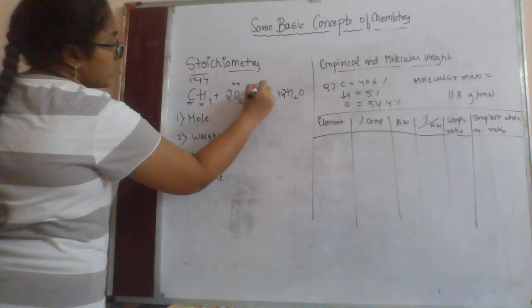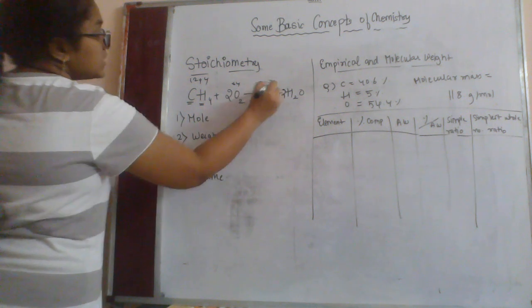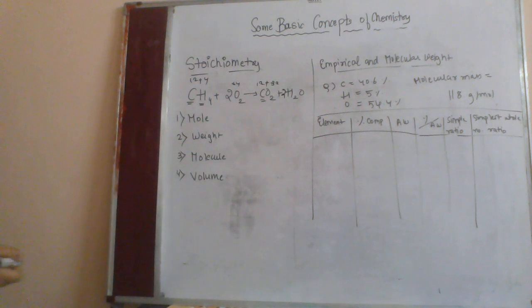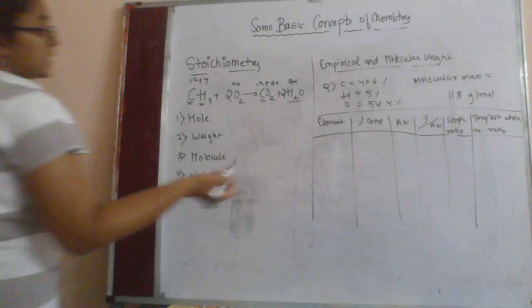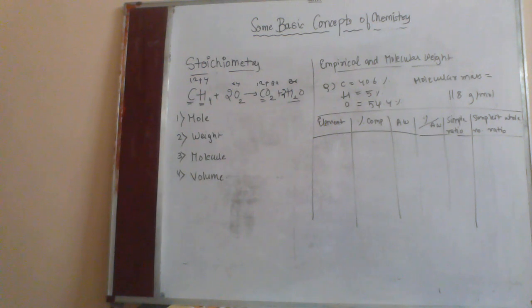You can calculate: 12 plus 16 2s are 32, so 44 grams of carbon dioxide, plus 36 grams of H2O. So this was in terms of weight.